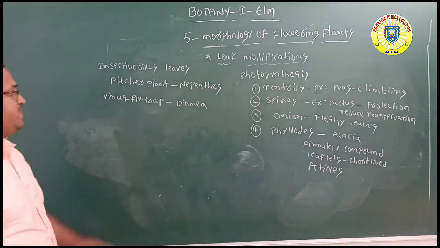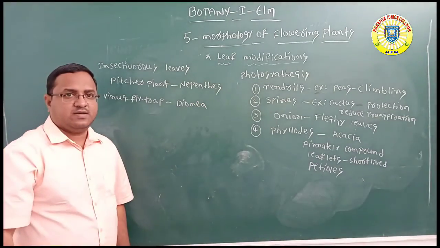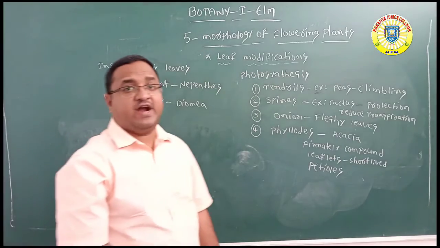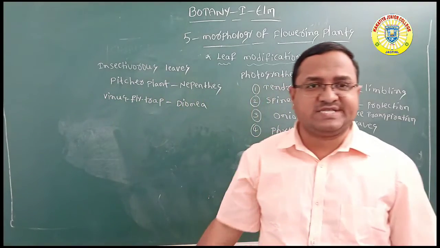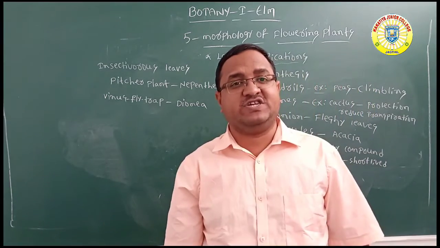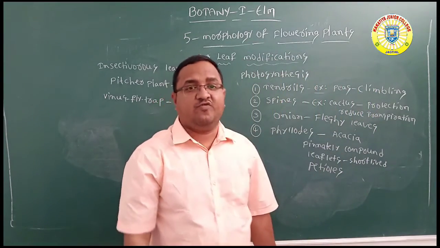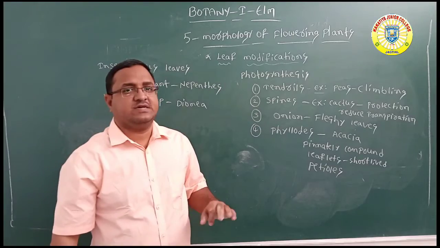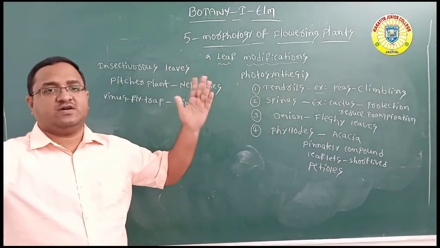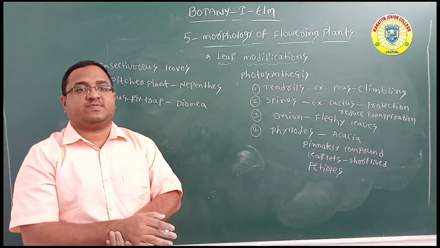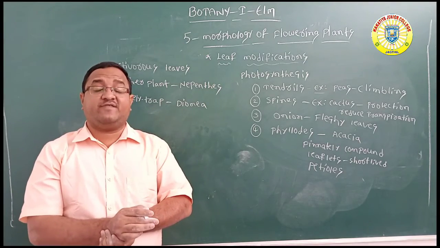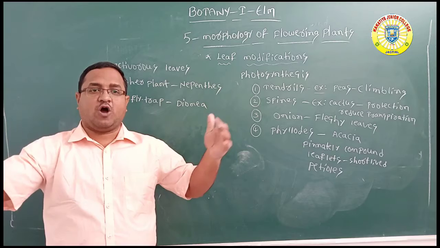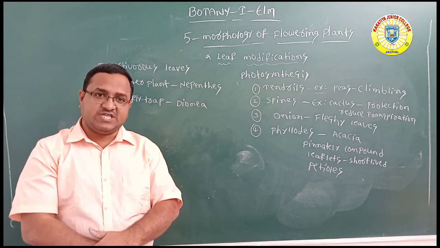In Nepenthes and Dionaea, the leaves are modified to trap the insects. Why? Because these plants grow in nitrogen-deficient soils. To fulfill their nitrogen requirements, these leaves are modified to trap insects. Those are called insectivorous leaves. They can trap the insects and digest them.